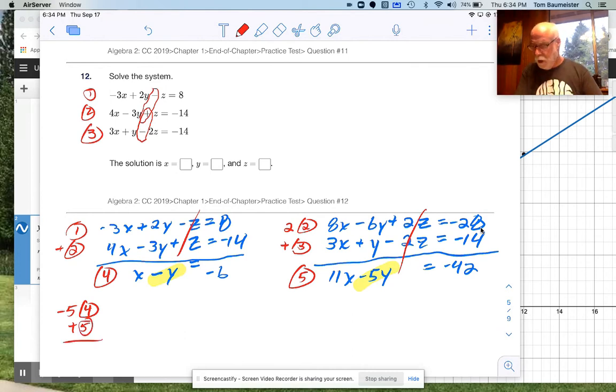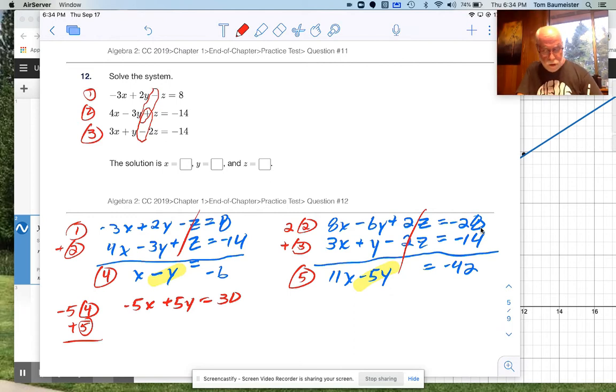Okay. So if I do that, again, I'm going to multiply everything from 4. So I'll get negative 5x. Negative 5 times a negative y is a plus 5y. And then I have negative 5 times negative 6 is 30. Okay.